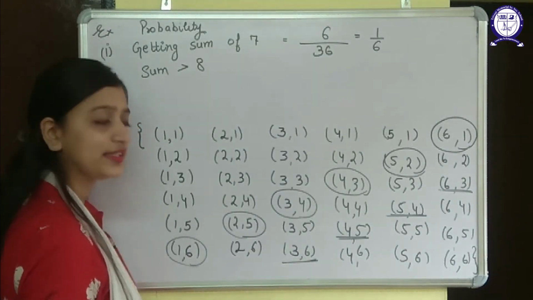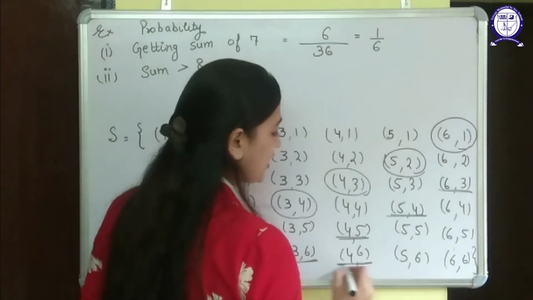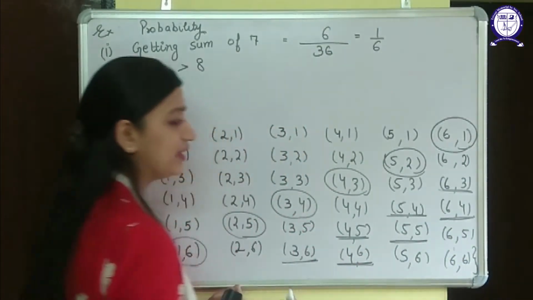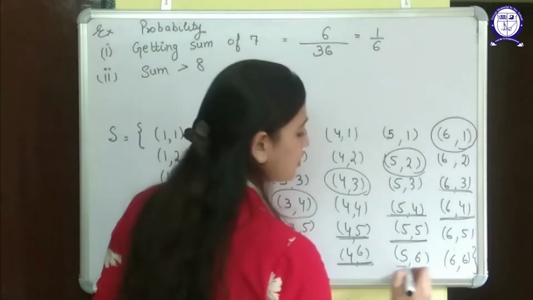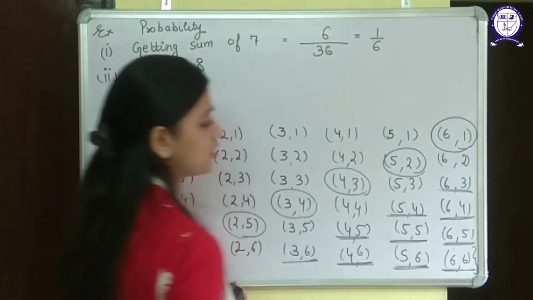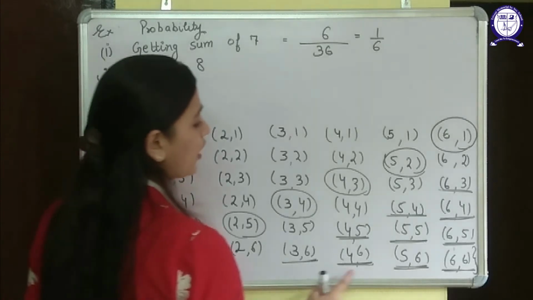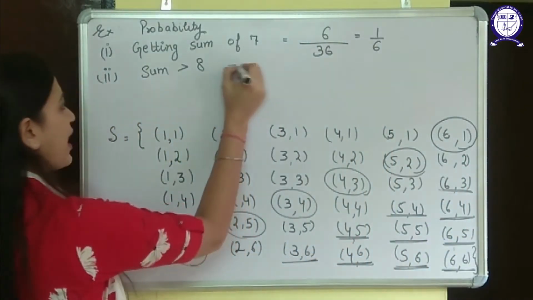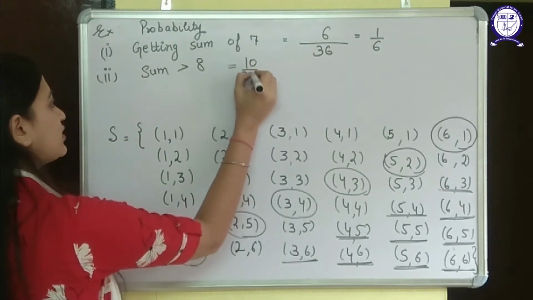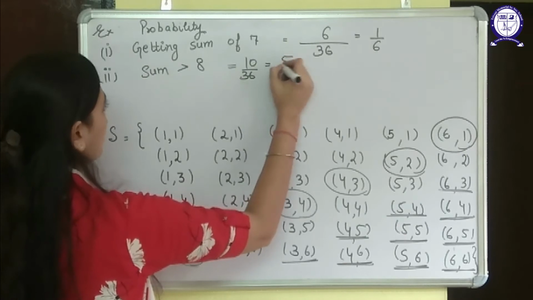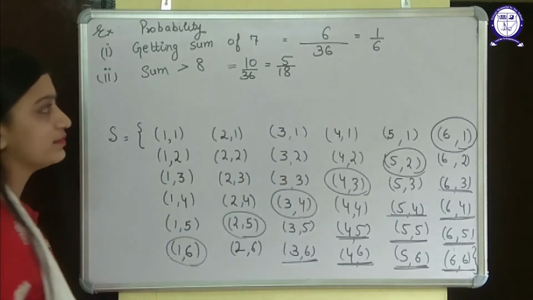Then I will want 10 also. 4, 6, 5, 5, 6, 4. Then I need 11 also. 5, 6, 6, 5 and then 12 also. 6, 6. So how many numbers? 1, 2, 3, 4, 5, 6, 7, 8, 9, 10. Probability is 10 upon 36. You can simplify it 5 upon 18.